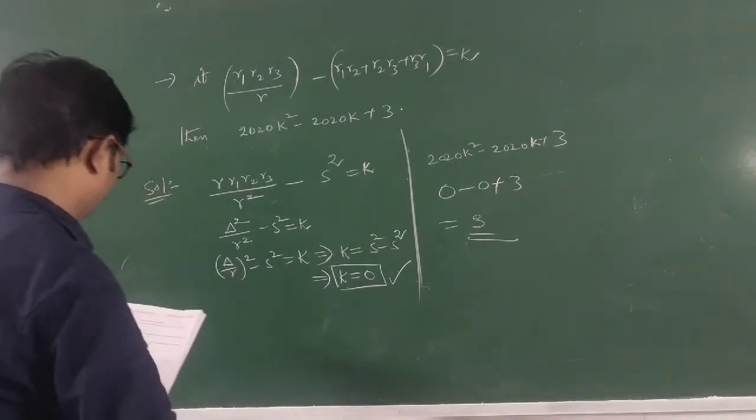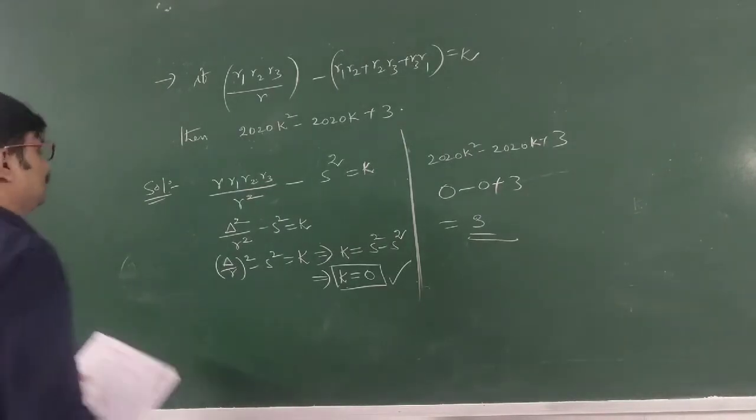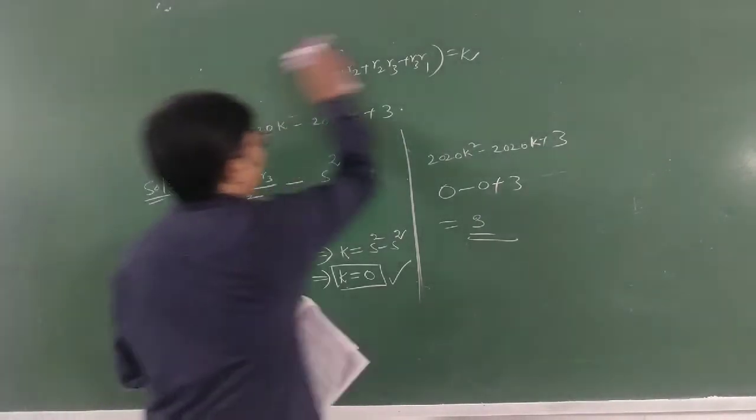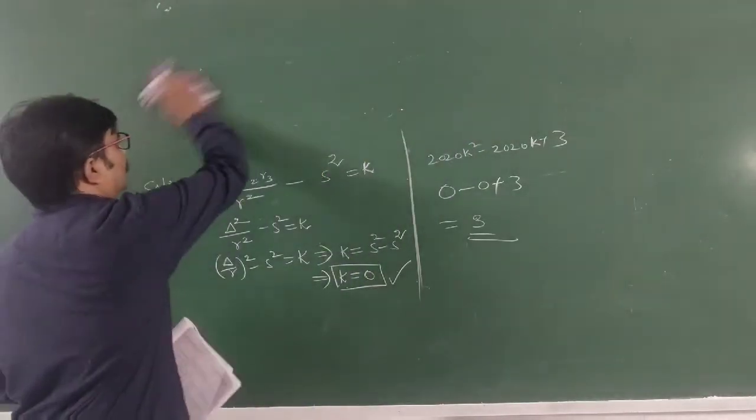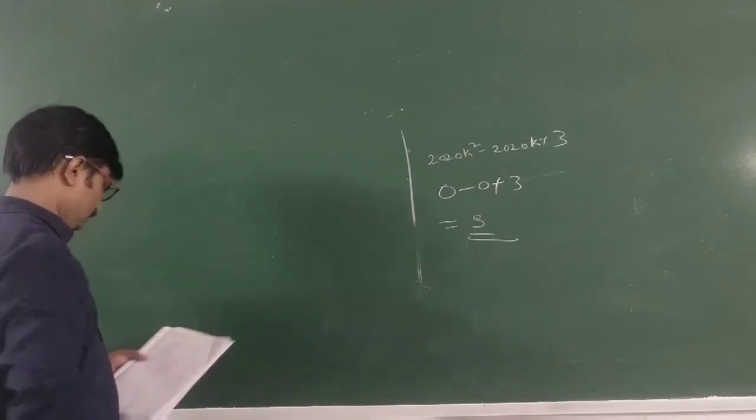r1, r2, r3, the exradii of a triangle ABC, are in harmonic progression. So r1, r2, r3 are the radii of the excircles.